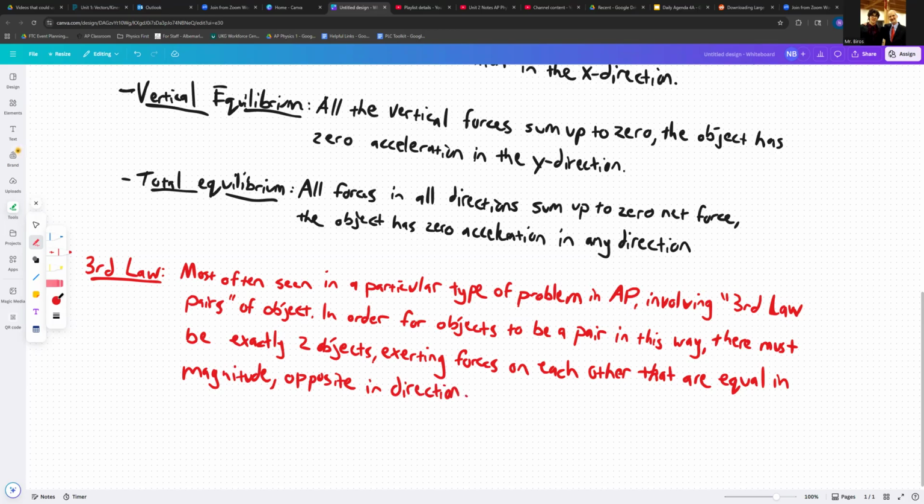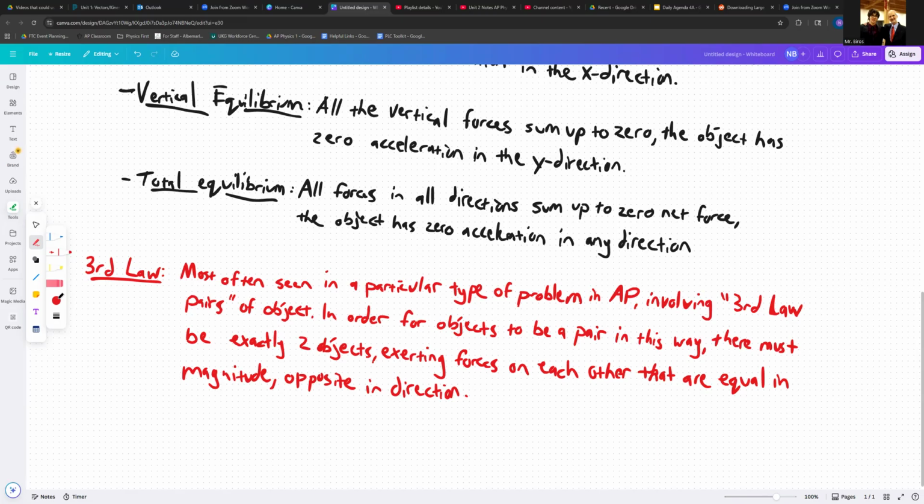So if AP gives you a problem, they won't ask explicitly whether these two forces are a third law pair. They might say, here's a scenario, here are some forces that are going on, here are some objects that are involved, and they might ask how big this one particular force is that this object is experiencing.